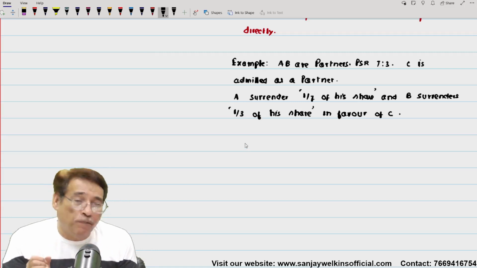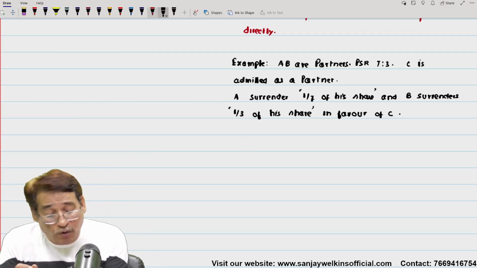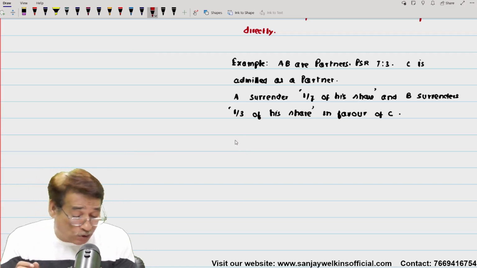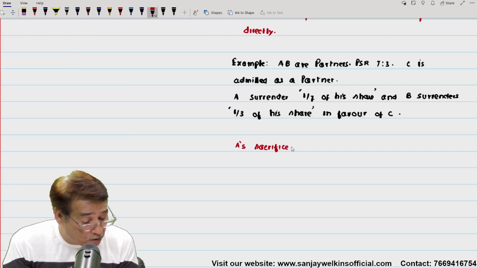So how to compute the new ratio in this particular case? In order to compute the new ratio, again, I am going to apply the same formula. First of all, I am going to compute A's sacrifice. How much is A sacrificing?